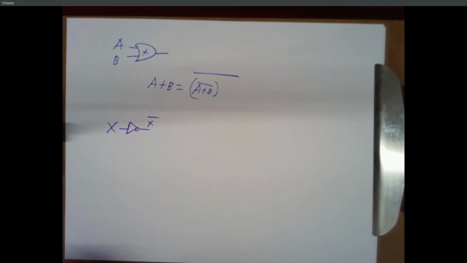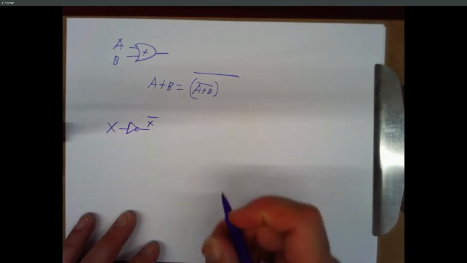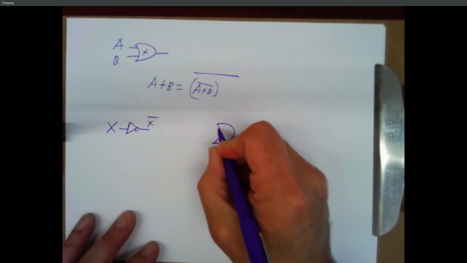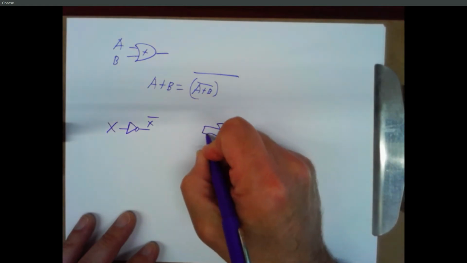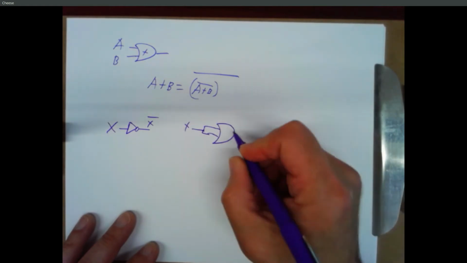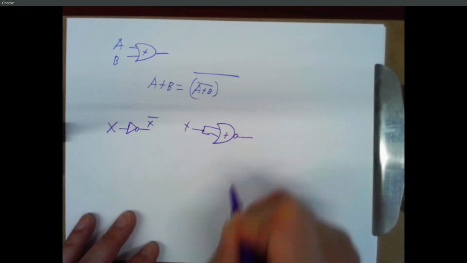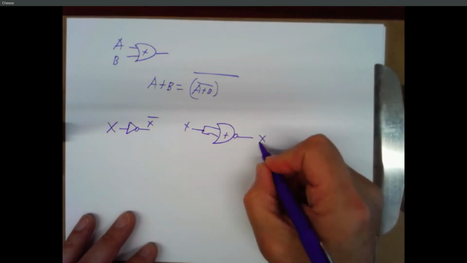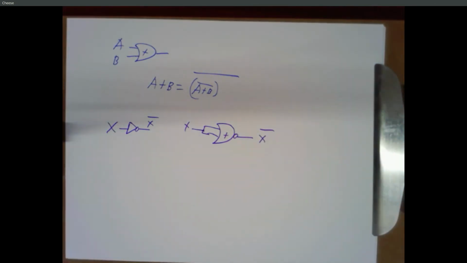Anybody remember the trick? Yeah, if you tie the inputs together, and you look at the truth table, this is going to turn out to be X bar.